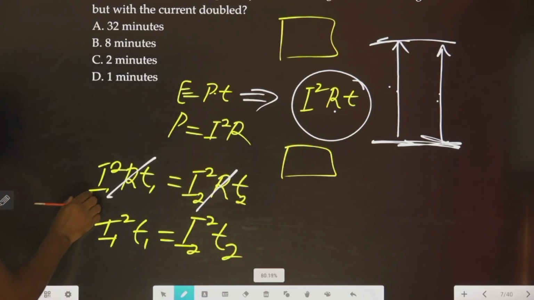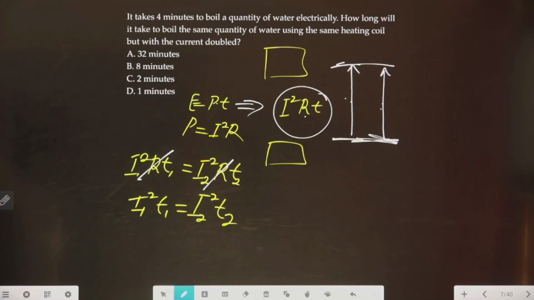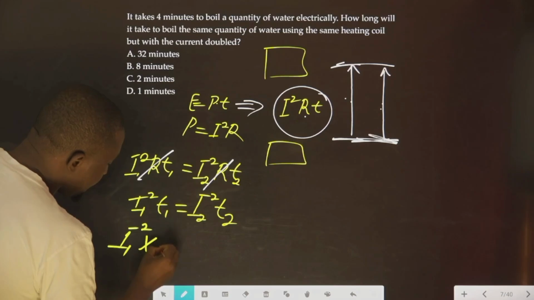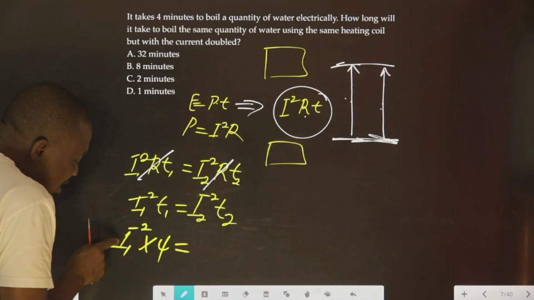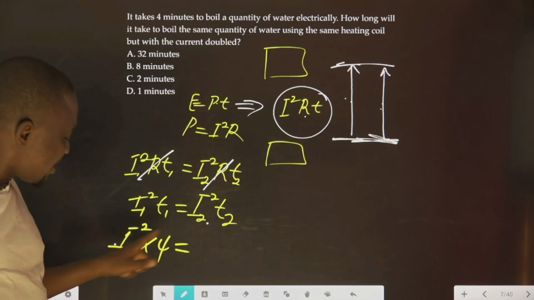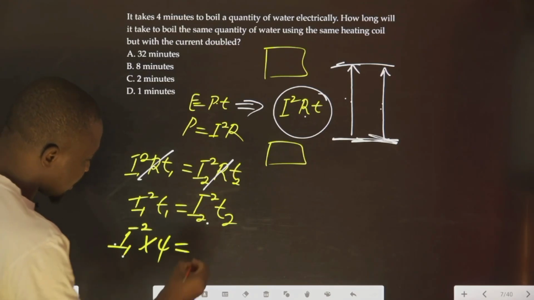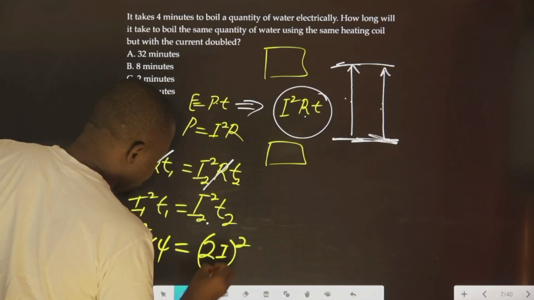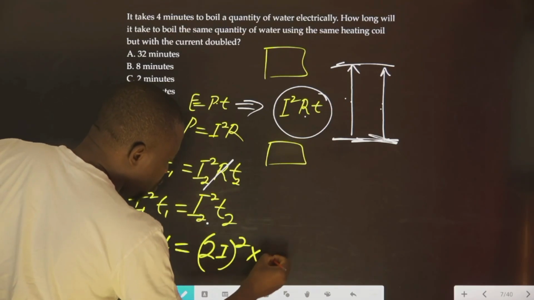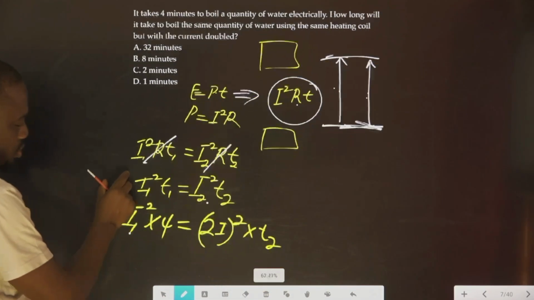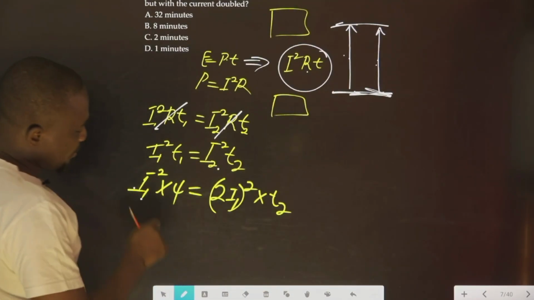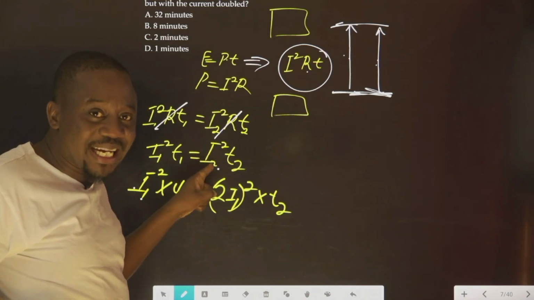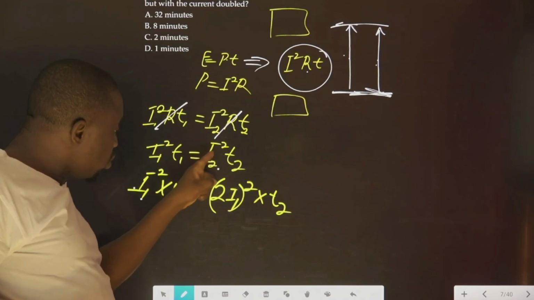So next thing now is the first one. We are told that it is just I1. The time is 4. Now, this current is doubled, that means you multiply it by 2, that is 2I raised to power 2. Then we don't know T2. Remember, this is I1 we are using, so if you double this I1, you have this.